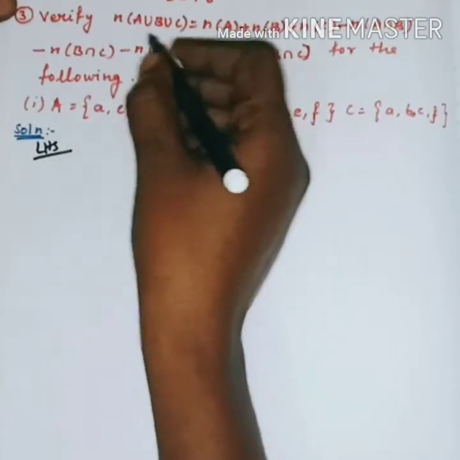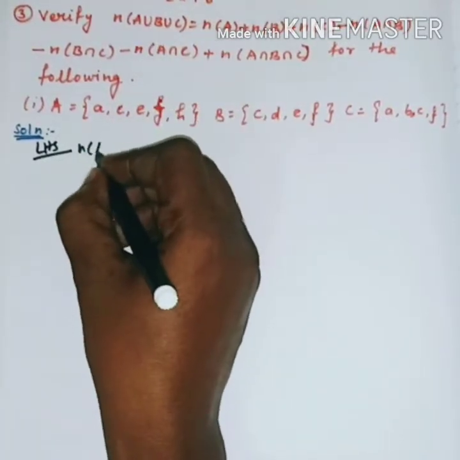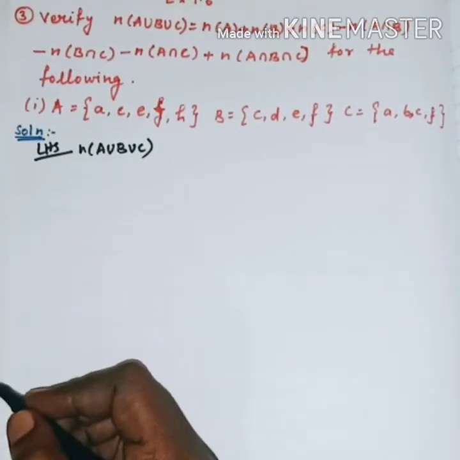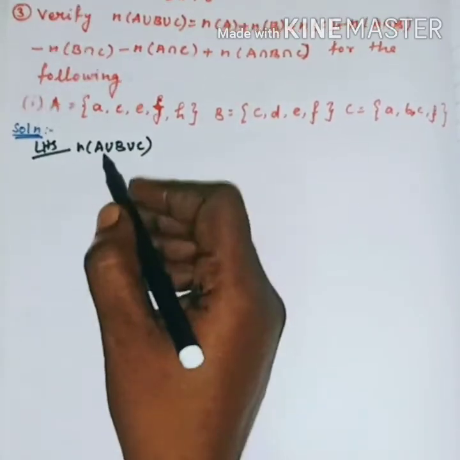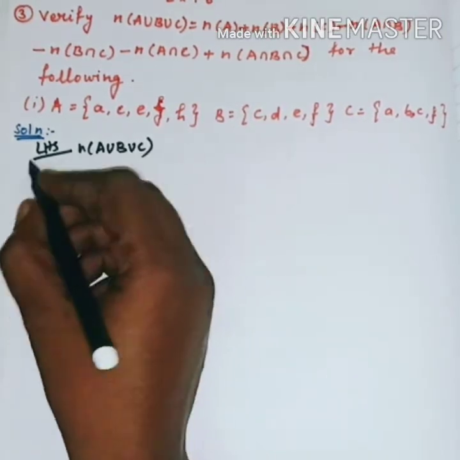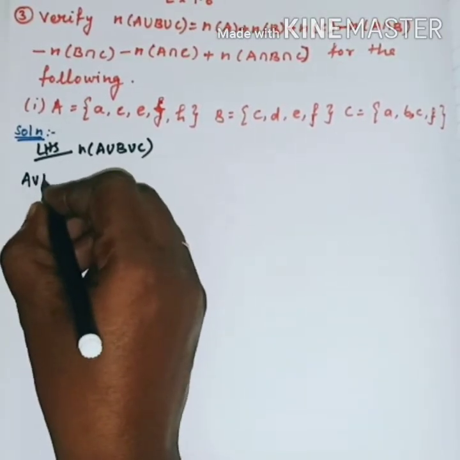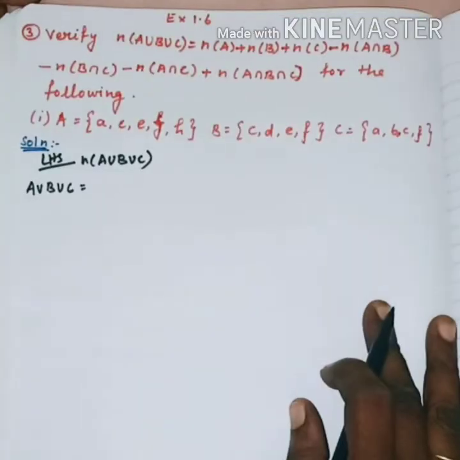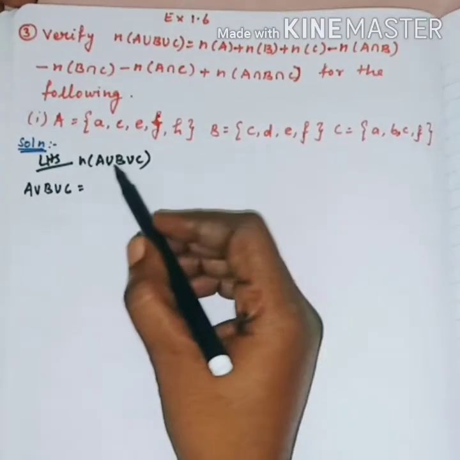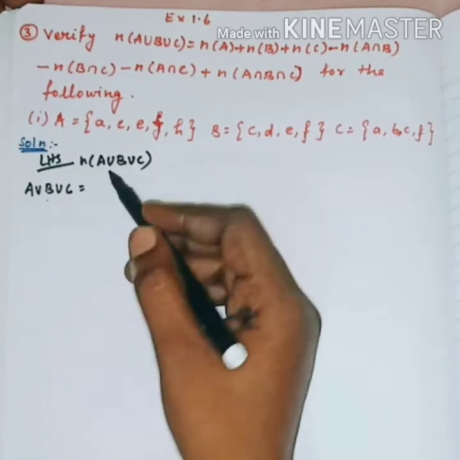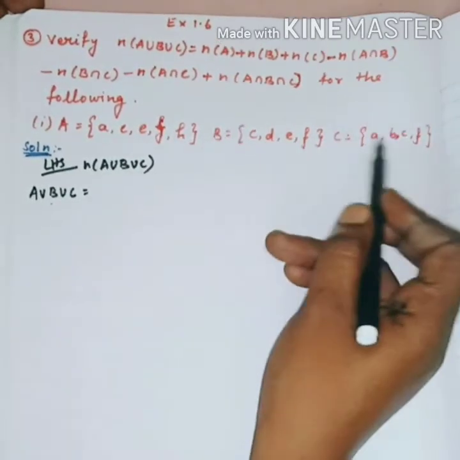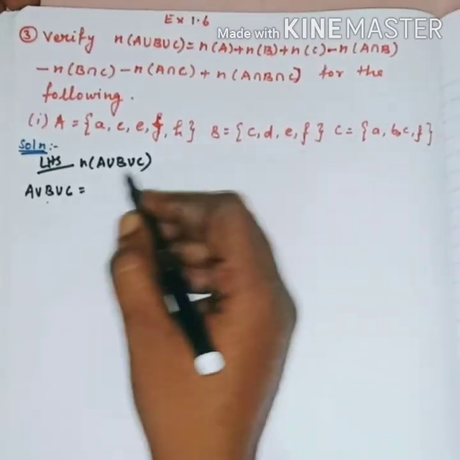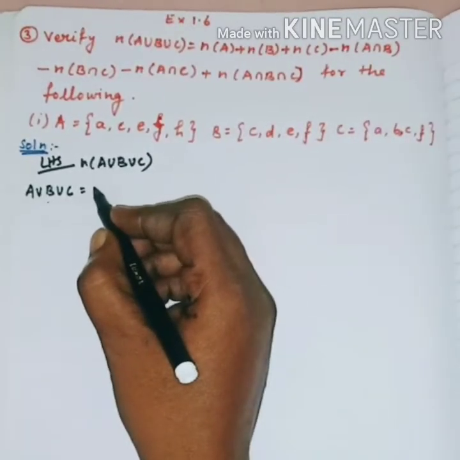So first, the left hand side. What we have in the left hand side is n of A union B union C. For that we have to find A union B union C first. A union B union C means we have to combine these three sets together.